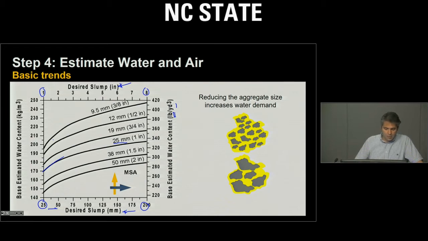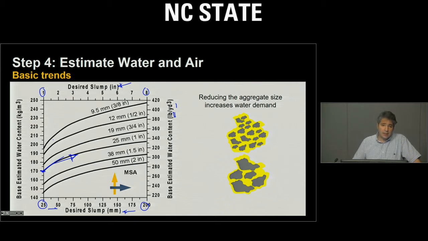And if we want 8 inches of slump, we have to use a lot more, something around 195 kilogram per cubic meter. So the idea is that when we increase the water, the slump increases, or if we want more slump in our concrete, we have to use more water. So that is pretty intuitive.